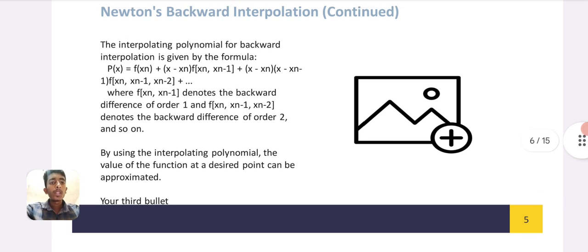By using the interpolating polynomial, the values of the function at a desired point can be approximated.